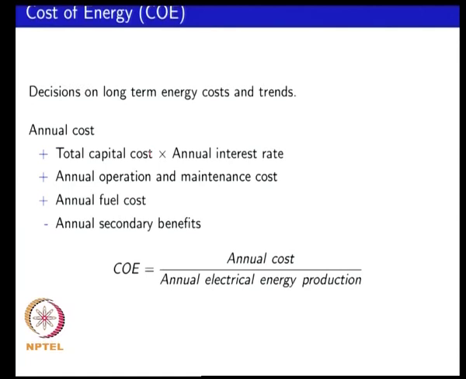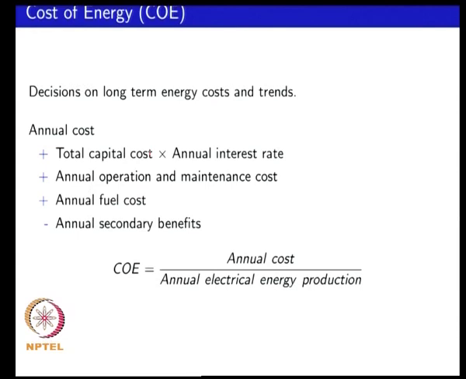You might also have secondary benefits. For example, you might have a system where, because you are actually producing electricity, you might also have, say, your particular unit doing cogeneration, which means that you might also have say hot water or cold cooling that is being provided.